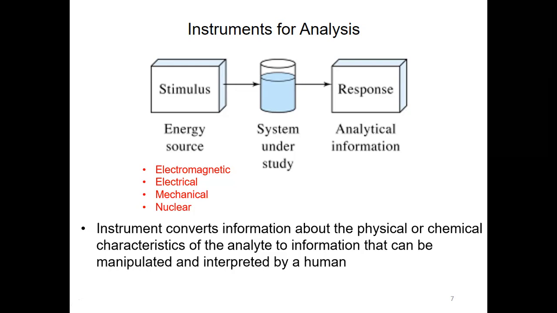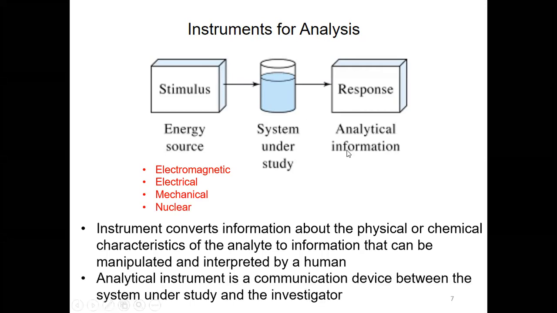In the UV, when we pass the light radiation, it gives a response, the signal, and based on that signal, the UV spectrum, we can determine the concentration. So that spectrum can be interpreted by humans. That is the main duty of an instrument. It converts any physical or chemical information in the analyte to data that can be interpreted by humans.